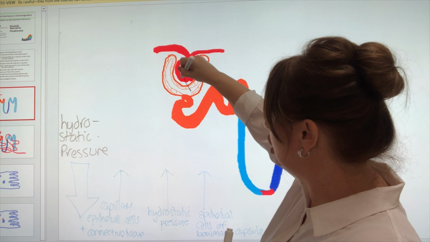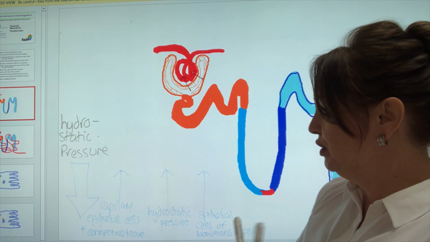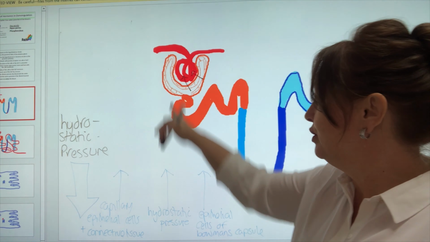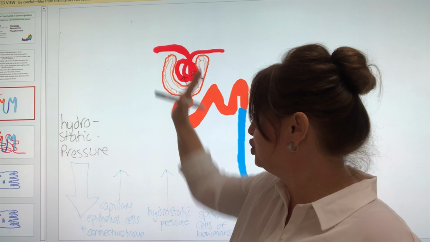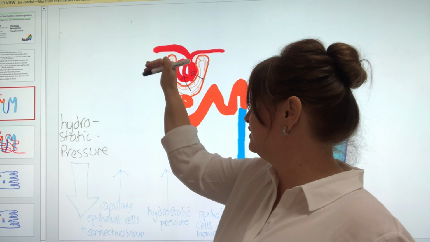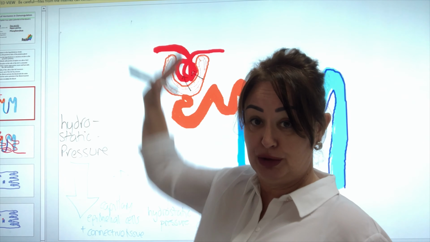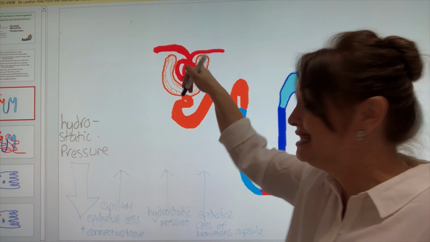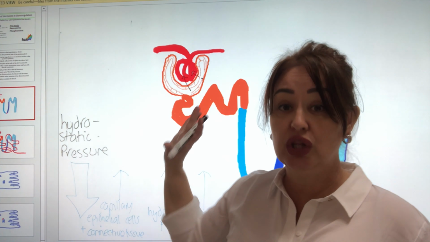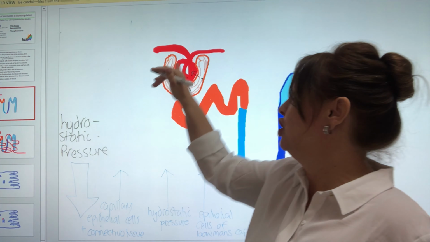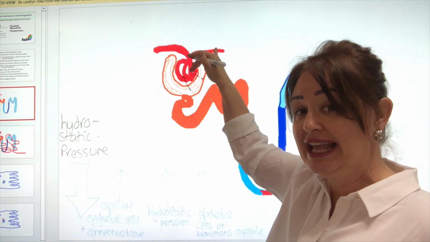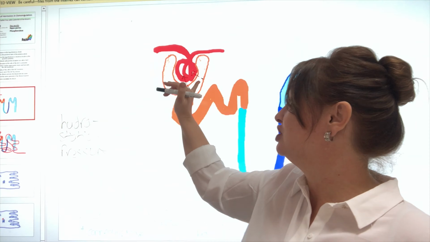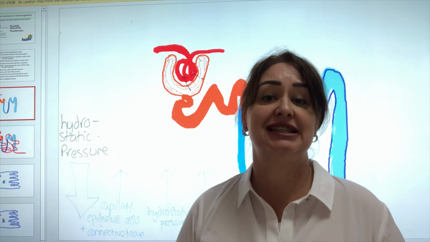creates a pull back. So not only have we got hydrostatic pressure acting in one direction, we said we've got the capillary epithelial cells pushing back, offering a resistance, the connective tissue of those epithelial cells pushing back, the podocytes themselves pushing back, the fact that there's liquid inside the Bowman's capsule pushing back, and additional to that, we've got a very low water potential in here, which is exerting a pull for the water to move back into that blood capillary.